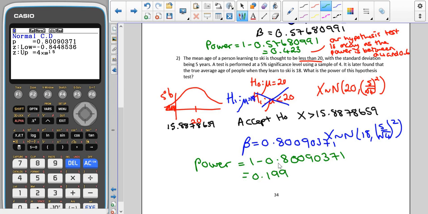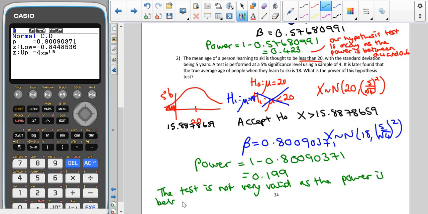So in this case, our power is really small, so the test is not very valid, as the power is below 0.4.